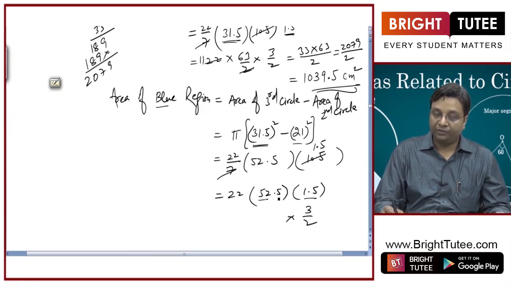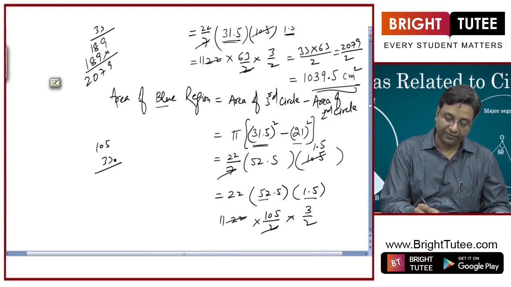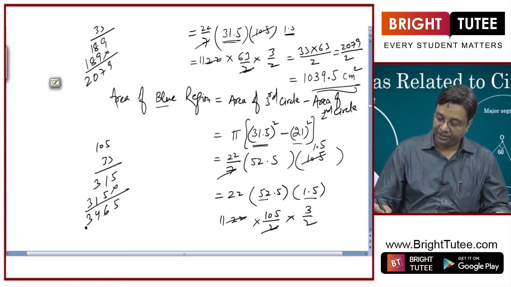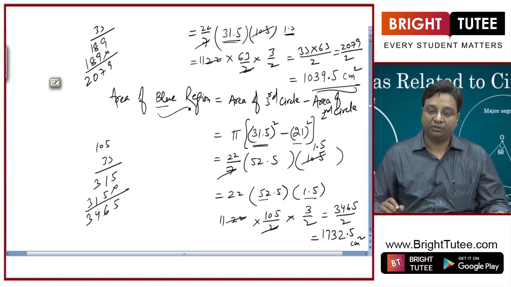This 52.5 can be written as 105 by 2, into 22. So this is 11. So 105 into 33 is 3465 by 2. Okay. So now you can write it as 1,732.5 centimeter square. Right. So this is how you will calculate the area of the blue region.